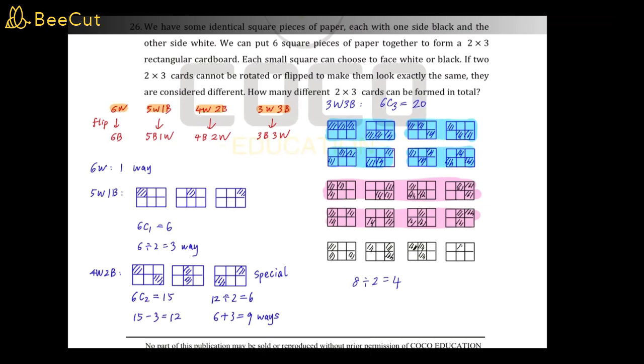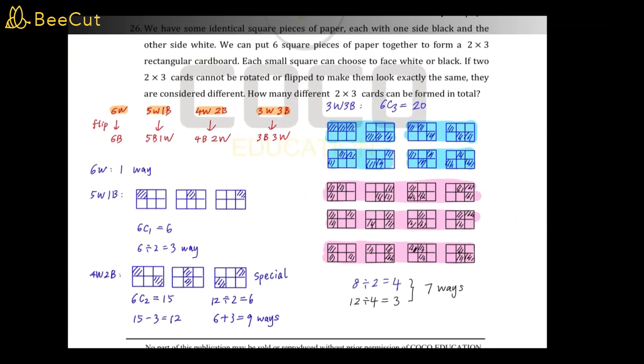Then you rotate, we get this. So these four are considered the same. So out of the 12 ways, every four of them is considered the same. So divide by 4. This is 3 ways. Altogether, the 7 ways.